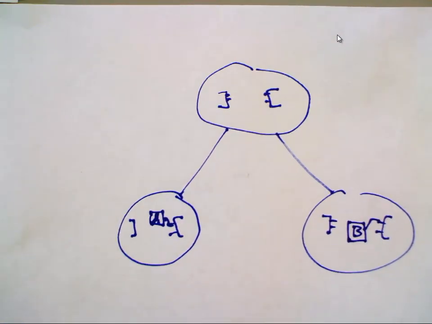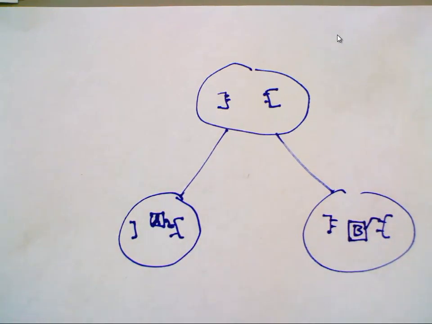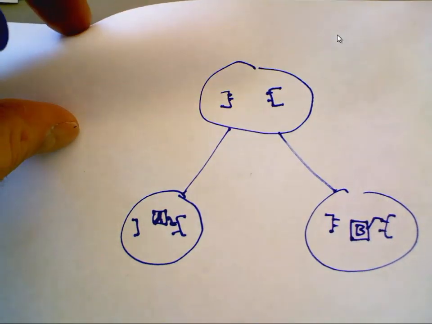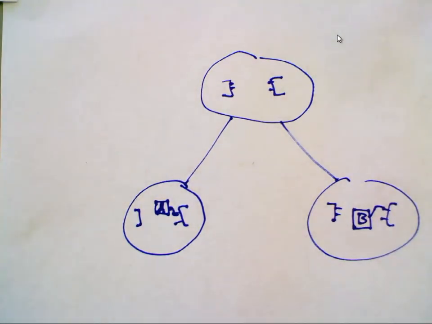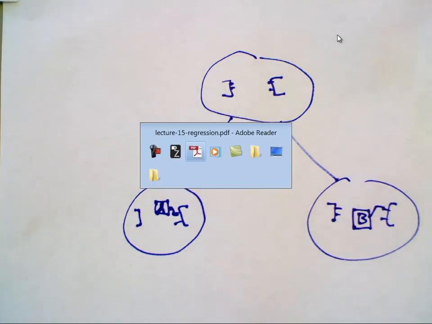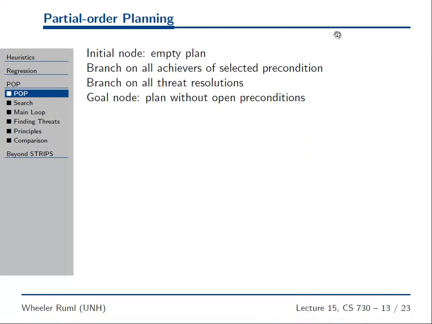Right? So every node is a plan. And to generate the successors in this search space, I elaborate the plan. I add actions to it. All right, so that's the search space of partial order planning.